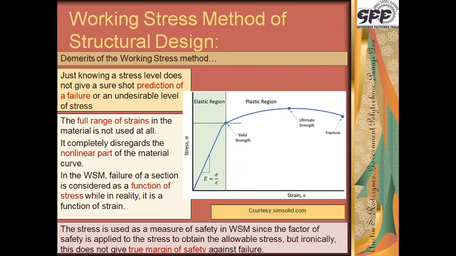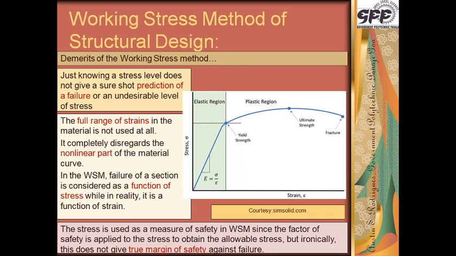So the full range of strain is not used. Also, it completely disregards the non-linear part of the material curve. The part which goes beyond the yield point can also take the load. Even that is not considered.